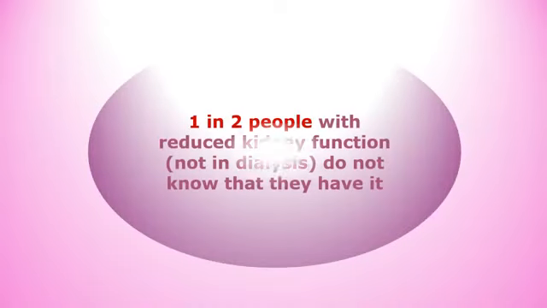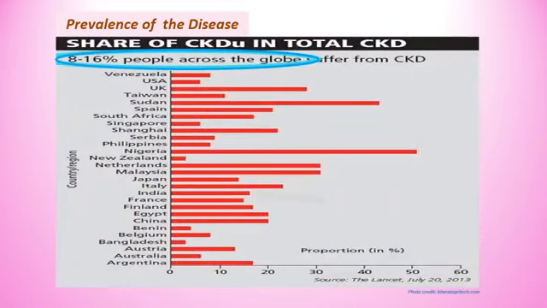Now come to the actual topic. 1 in 2 people with reduced kidney function, not on dialysis, do not know that they have it. This is the slide of the prevalence of chronic kidney disease. Global prevalence: 8 to 16% of people across the globe suffer from chronic kidney disease.